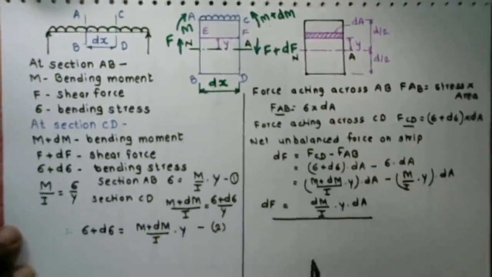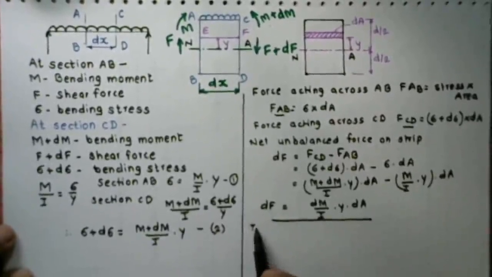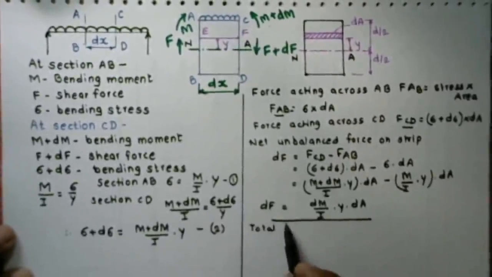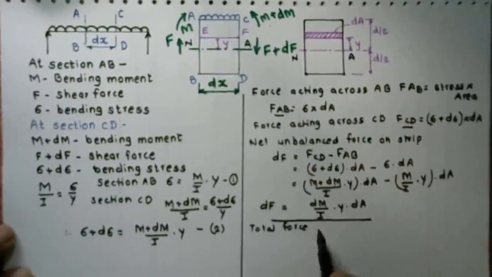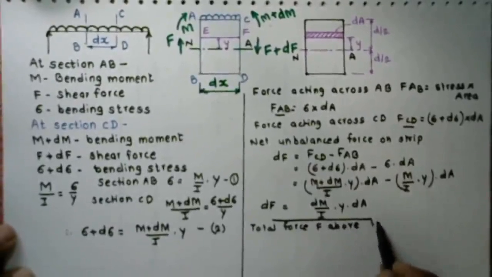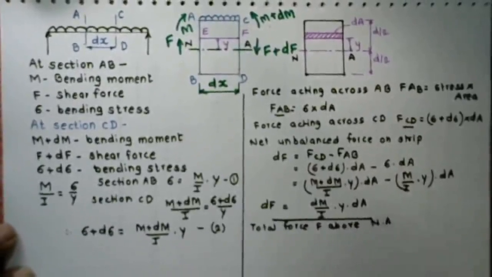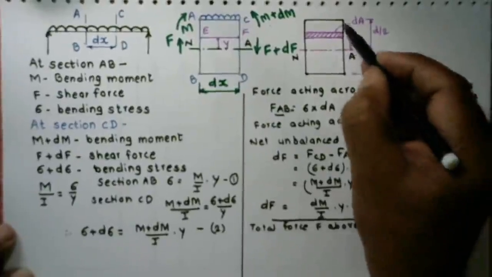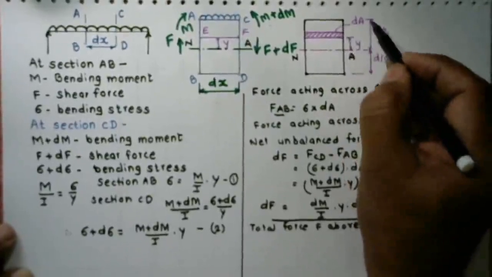Now the total force F above the neutral axis, we can calculate for the dimensions above the neutral axis, that is d by 2.